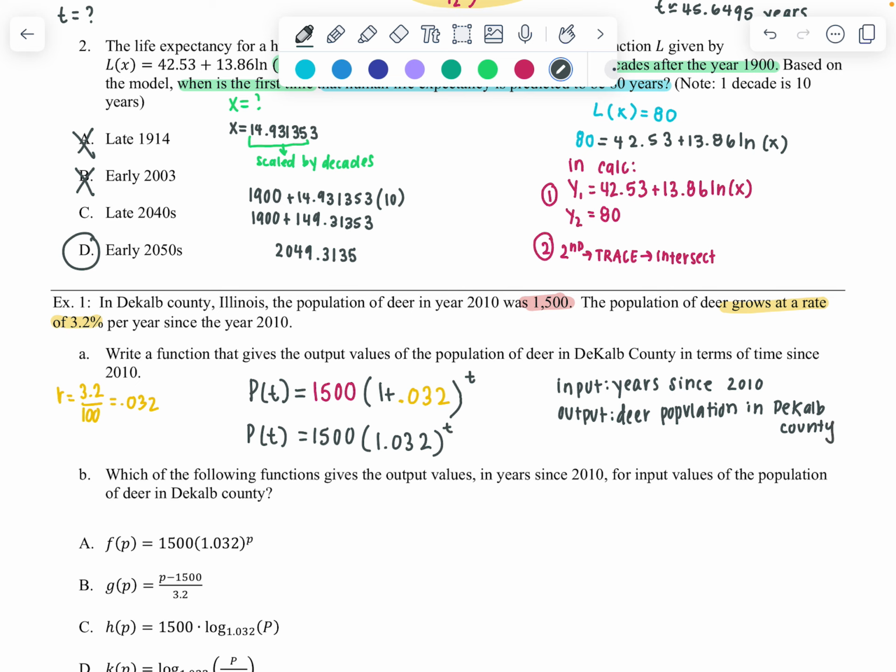So now let's look at our next question. It says, which of the following functions gives the output values in years since 2010 for input values of the population of deer in DeKalb County?